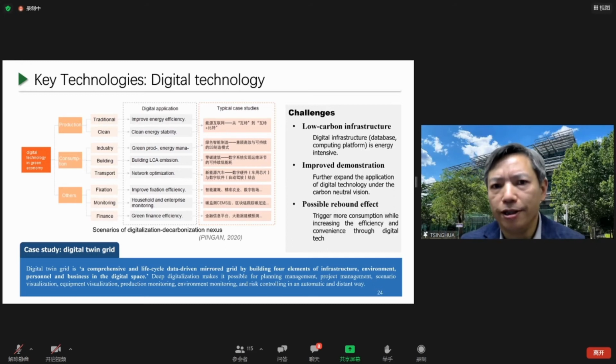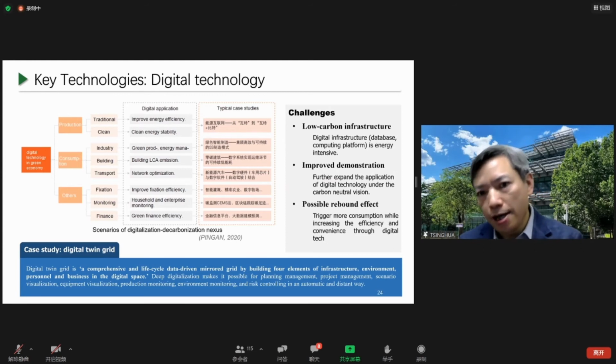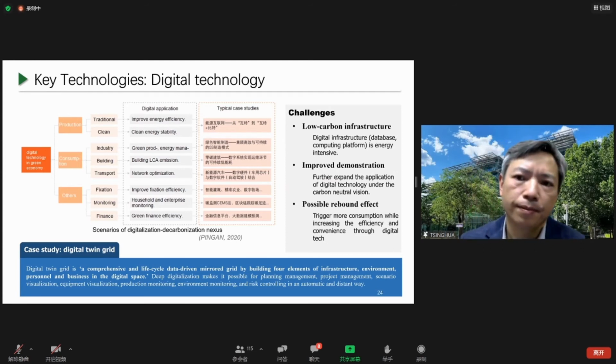Digital development in the green economy is just at a start and facing huge uncertainties. There are three challenges, obviously. First, digital infrastructure itself is energy intensive. Thus, it needs to be further energy efficient and renewable energy based, which relies on both digital technology improvement and energy system transition.